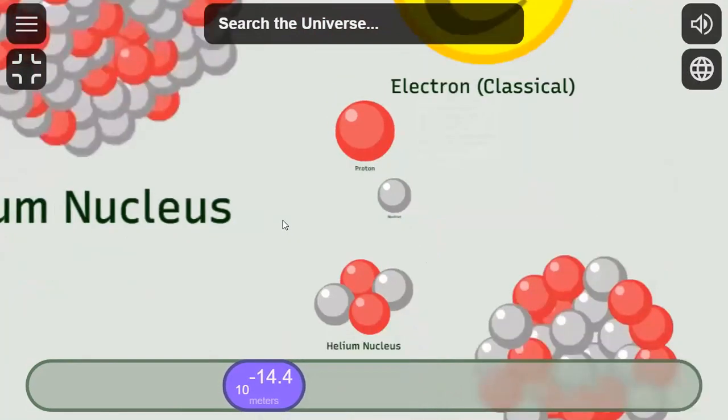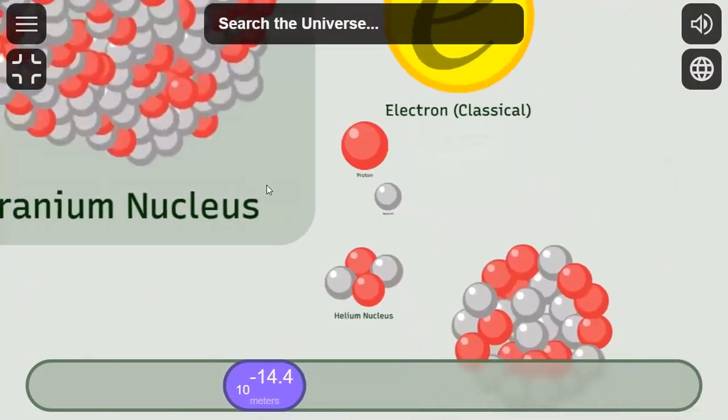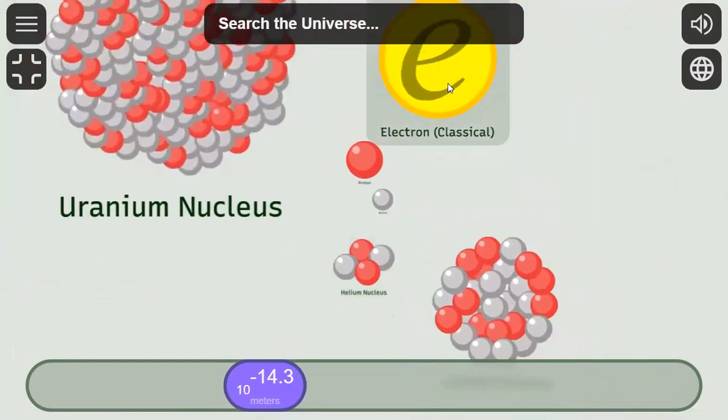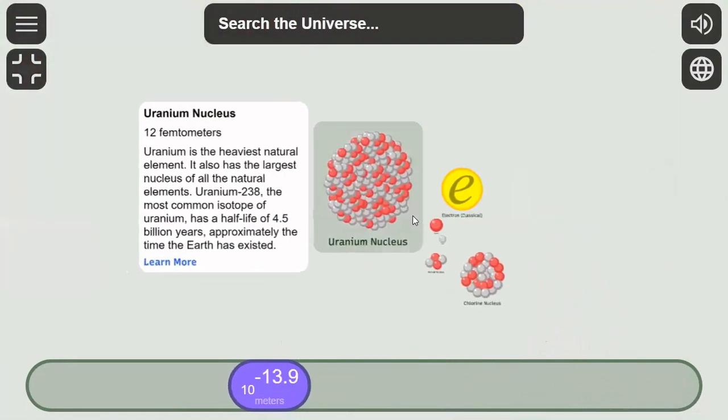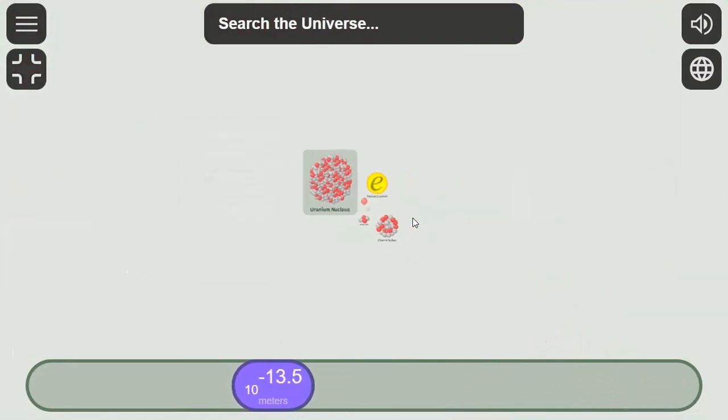Then look at this, the whole nucleus: helium nucleus, electron 5.64. Electron is actually smaller than proton and neutron. Uranium nucleus. The nucleus is the central part of an atom. The nucleus contains the proton and neutron.